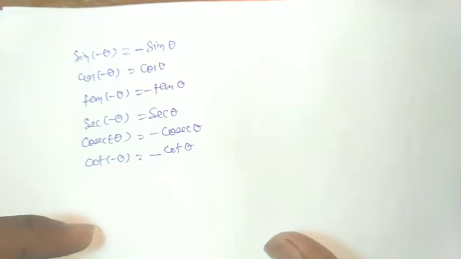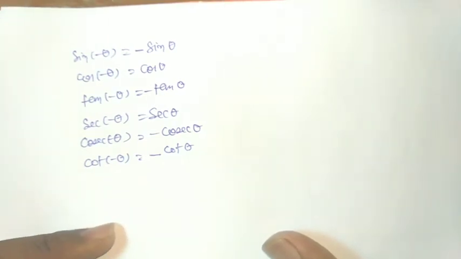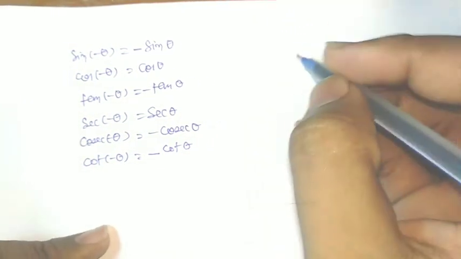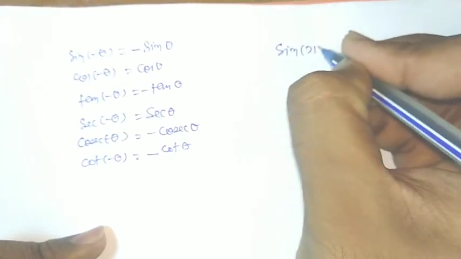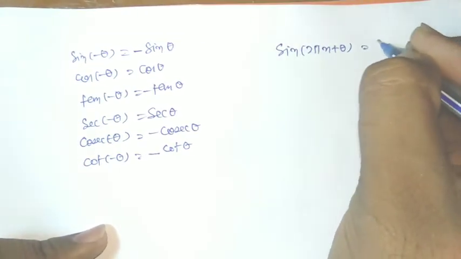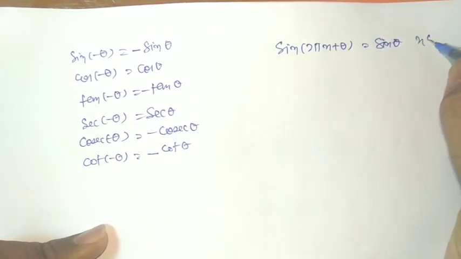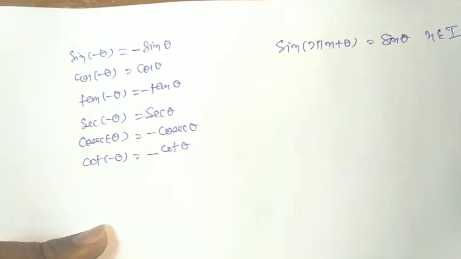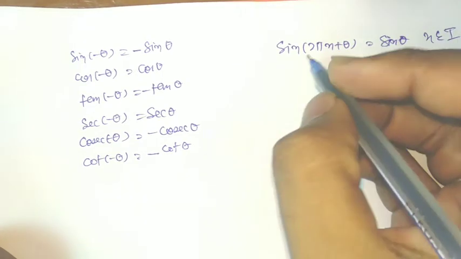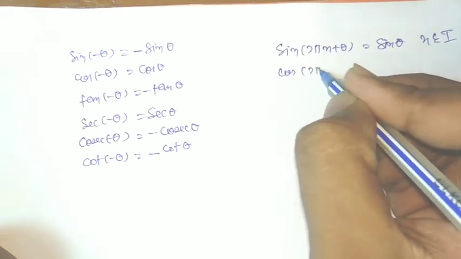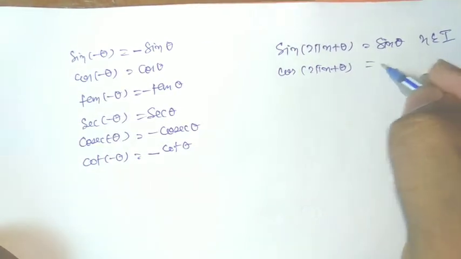Now if we also have to make a general formula for first quadrant, that is sine 2 pi n plus theta will be sine theta. N can be any integer, either positive or negative. So sine 2 pi n plus theta will be sine theta, and cos 2 pi n plus theta will be cos theta.